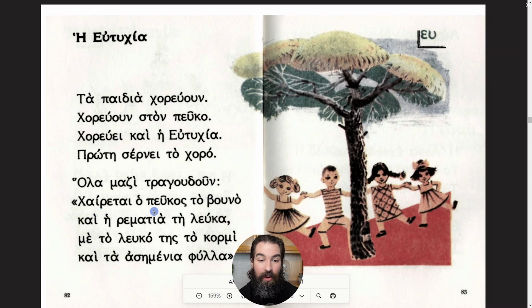Χαίρεται ο πεύκος το βουνό. Και η ρεματιά τη λεύκα. Με το λευκό της το κορμί και τα ασημένια φύλλα.